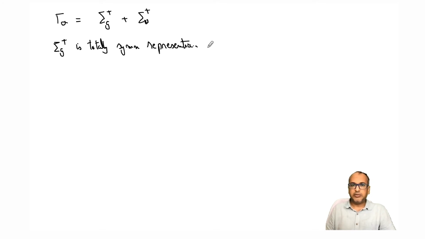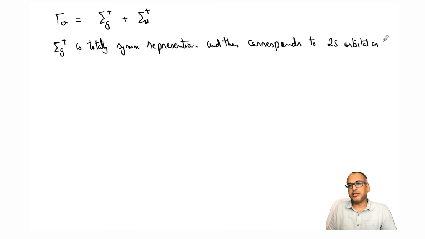So it's a totally symmetric representation and thus corresponds to the 2s orbital as basis. That means the 2s orbital will form the basis for the totally symmetric representation. Of course, you can also say 1s orbital, but the 1s orbital will not take part in bonding. It's only the 2s orbital which will take part, so that's why we are considering only the 2s.